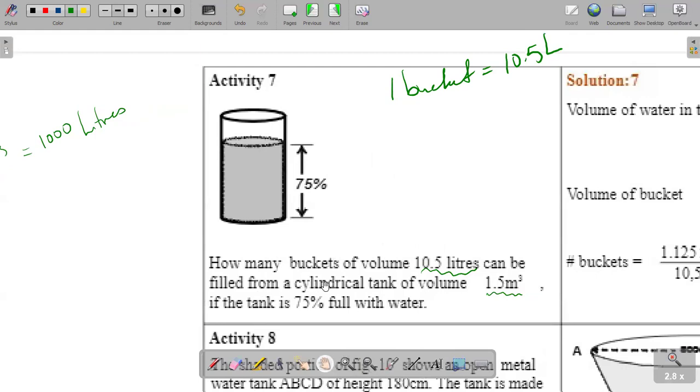The next thing we need to know is, 1.5 represents what? Does 1.5 represent how much water is in there, or the total volume of the tank? That's the next question for somebody to try.